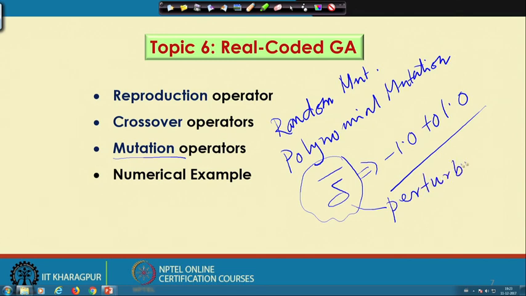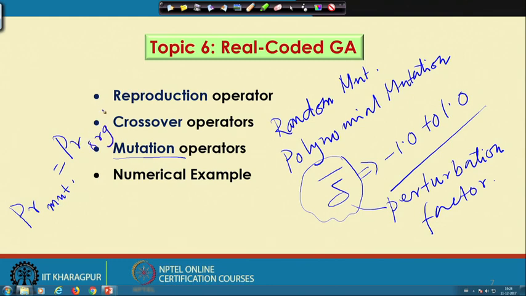Depending on the value of this perturbation factor, the mutated parent is the original parent plus delta max, that is the maximum value of this perturbation, multiplied by the perturbation factor delta bar. Using this formula, we can find out the mutated solution.